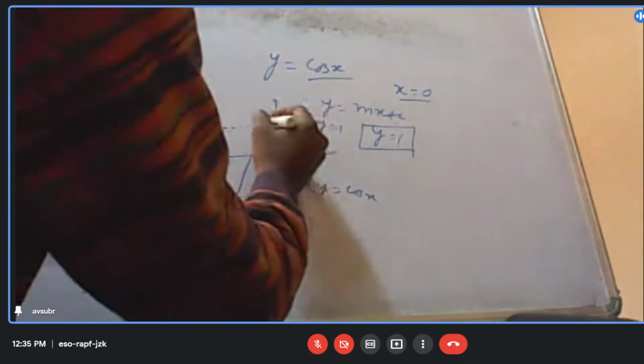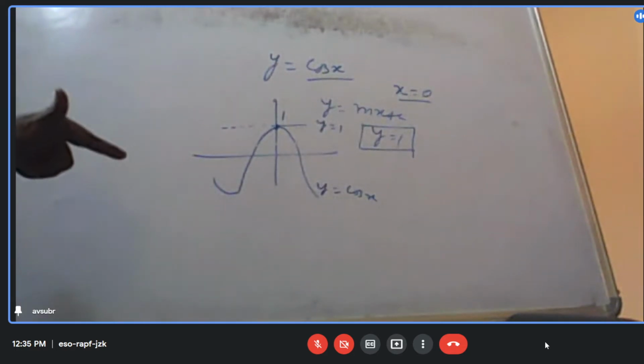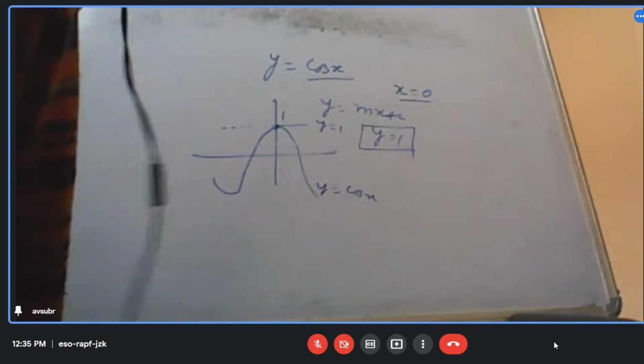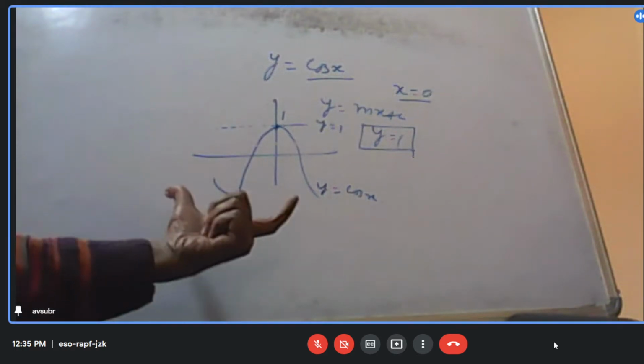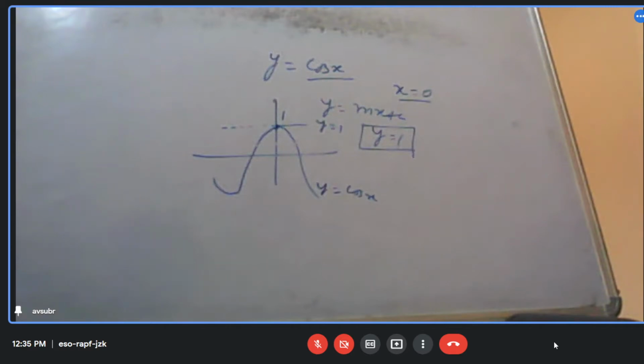And the tangent to this one, in other words the slope, is also the same. I hope it is clear to you. This much we had already done yesterday.